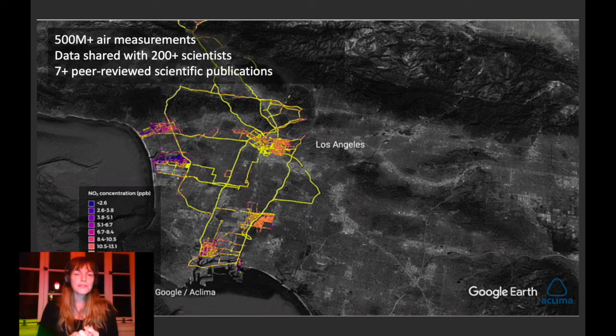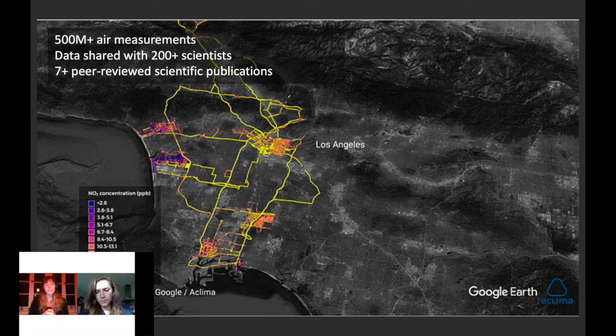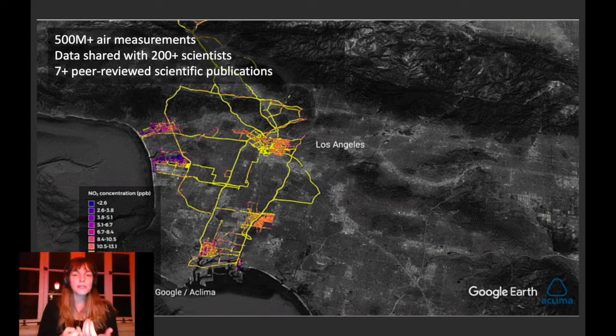In 2017, the initial work in Oakland, California was published in the Journal of Environmental Science and Technology. What was great about this first project, and Roel was a member of the scientific team, is that it showed two things.